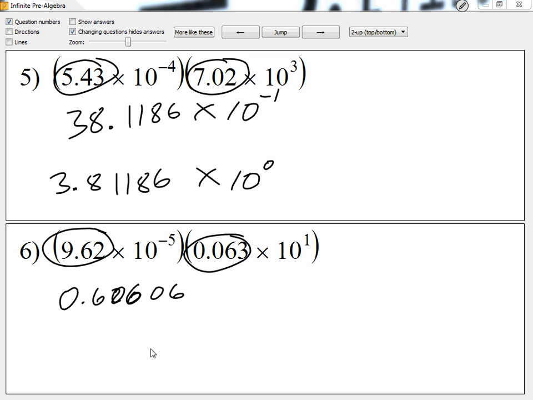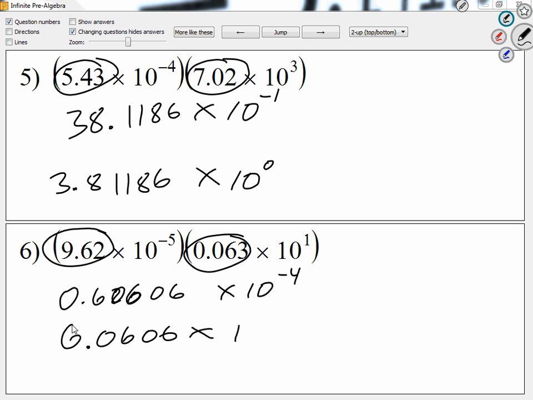Okay. Times 10 to the what? Negative 4. Good. Alright, so let's fix this because that's not between 1 and 10. 6.0606 times 10 to the what? Negative 5.